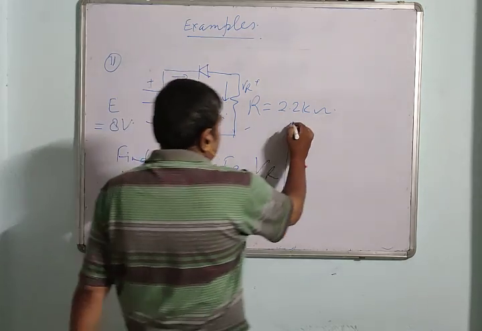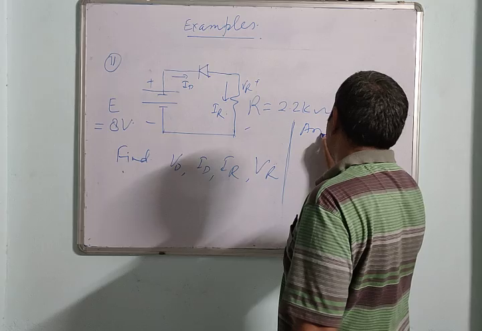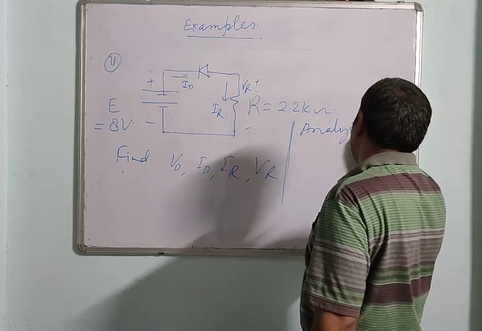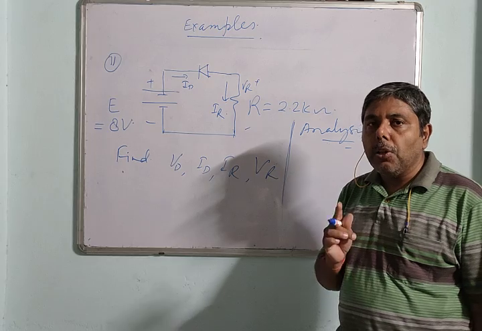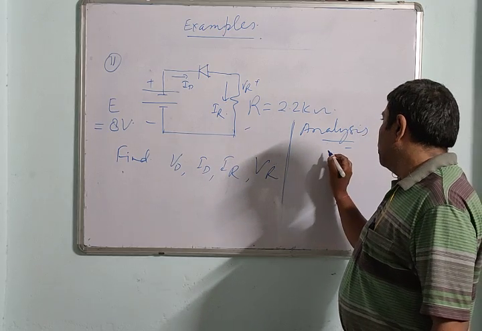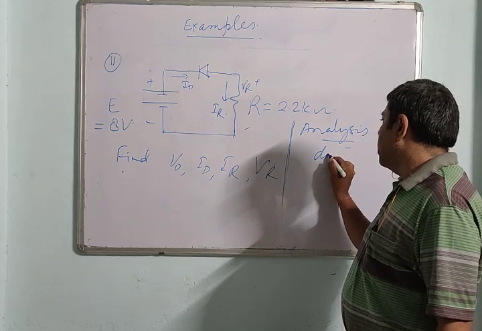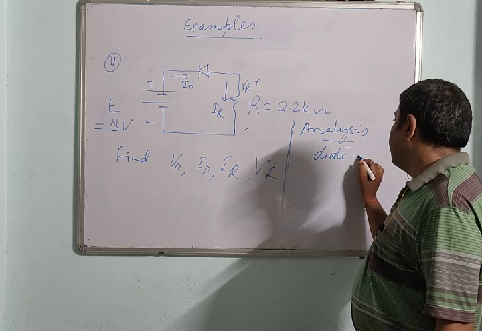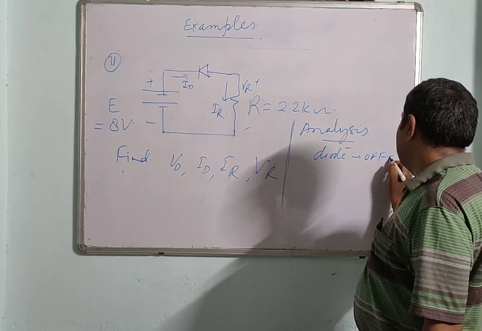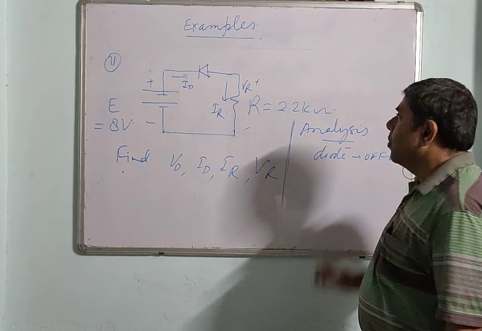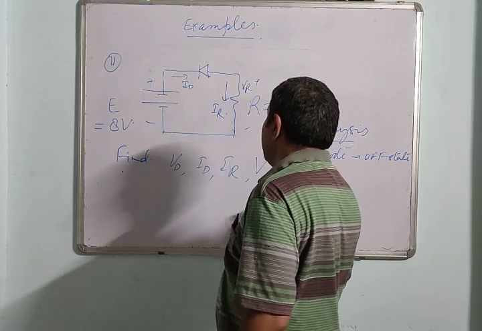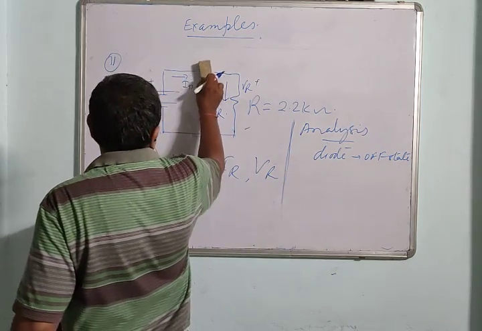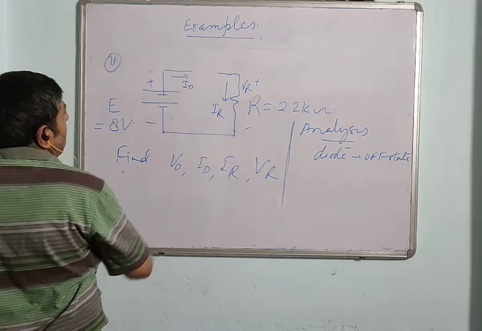So in analysis, how we will analyze? First thing, whether diode is on or off. So in this case, you can say diode is off state. So for this, you can use open circuit model.